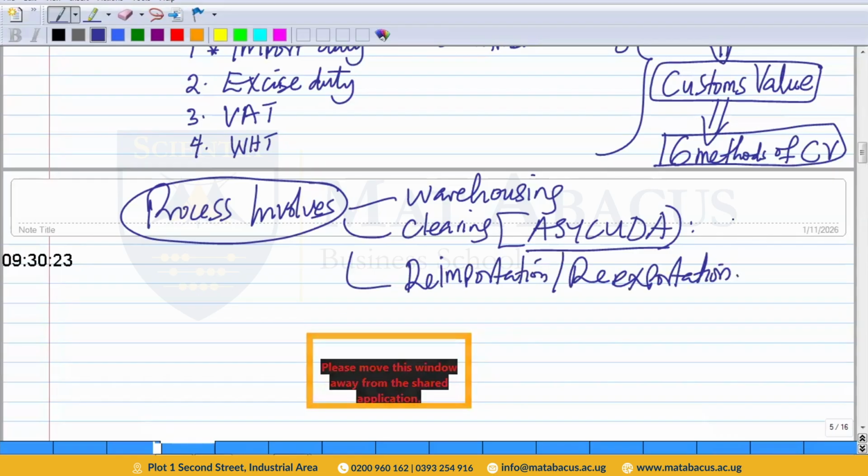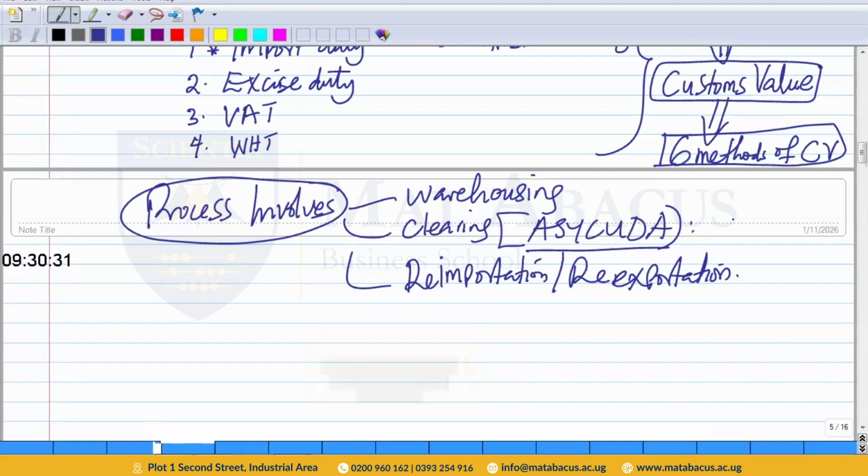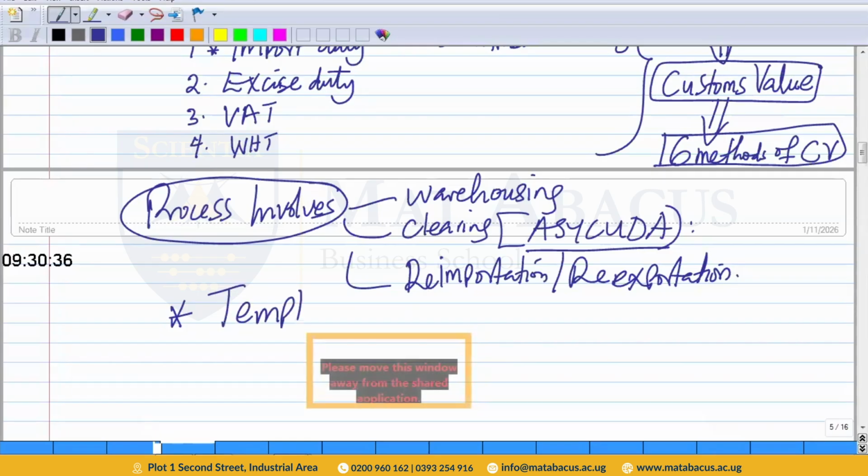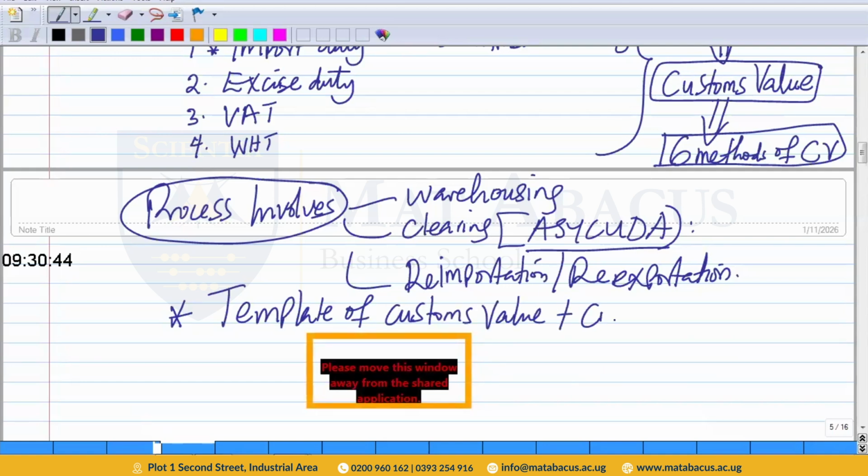So in class, this is what we shall look at in detail, and also give you how to answer a question. How can you answer a question? We shall also look at the template of customs value and customs duties.